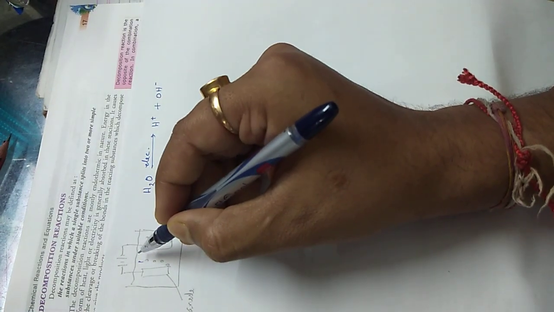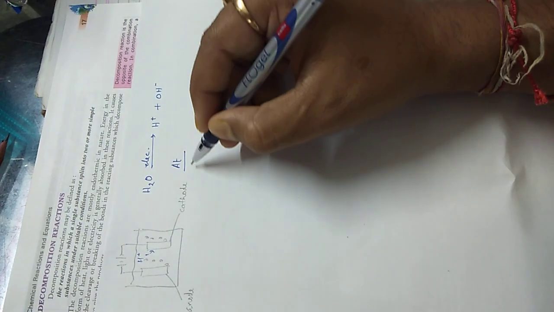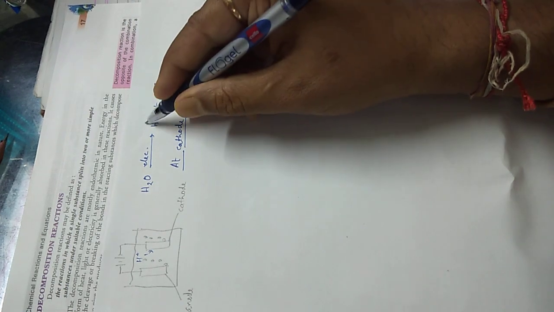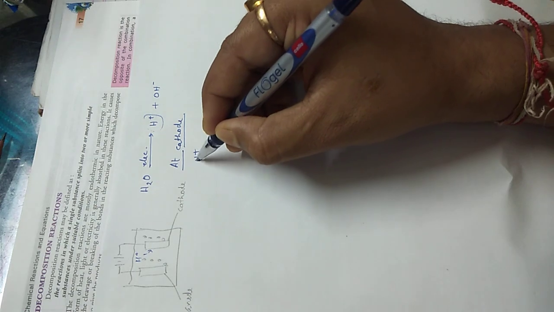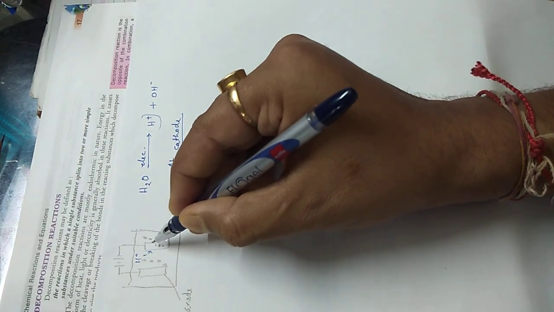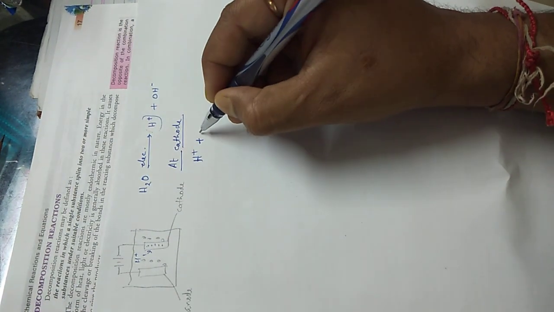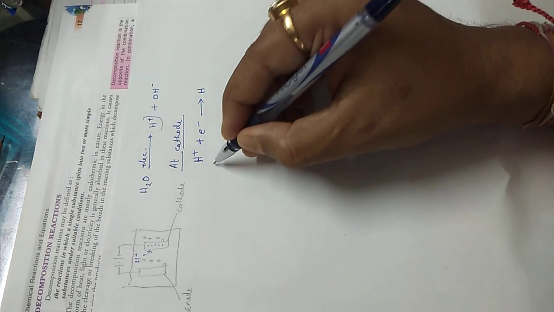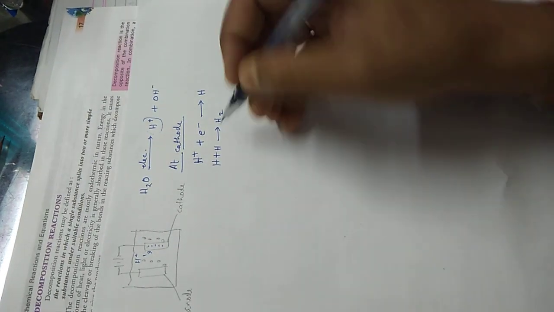So at the cathode, the cation will come. Hydrogen ion H plus has one electron less, and the negative electrode has lots of electrons. So this hydrogen ion will gain one electron and become a hydrogen atom. Two such hydrogen atoms will combine together to form hydrogen gas.